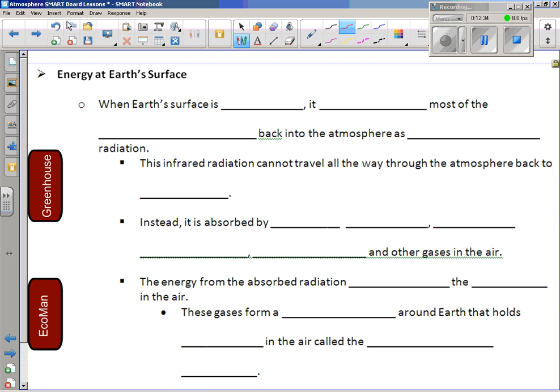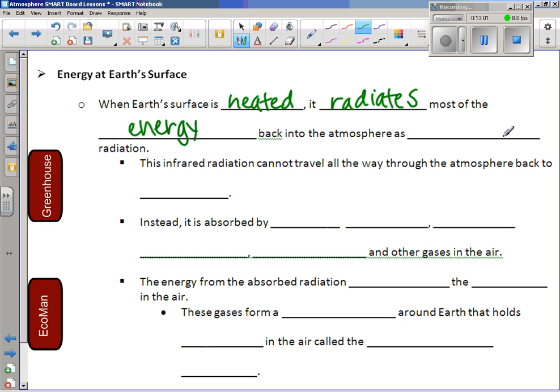So when Earth's surface is heated, which we said 50% of the energy in the atmosphere heats the land and the water, it radiates most of the energy back into the atmosphere as infrared radiation.